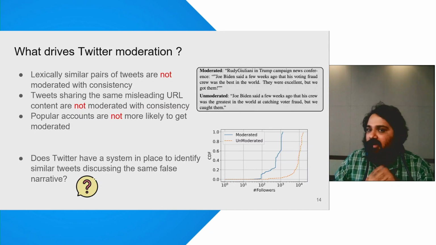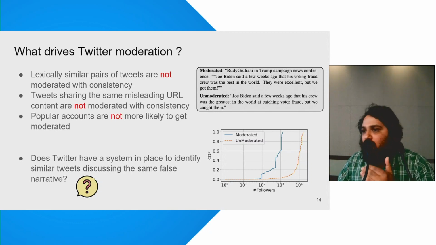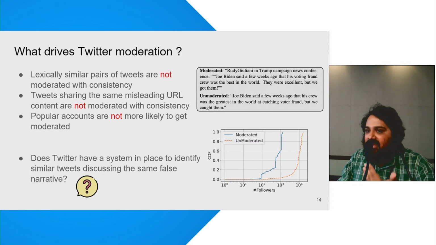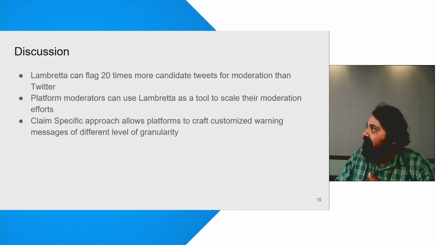We have more detail on all these additional analyses in our paper, but our takeaway was that the picture of content moderation from Twitter's point of view was really puzzling, and that led us to ask, do they even have a particular system in play to apply soft moderation on misleading information on their platform?